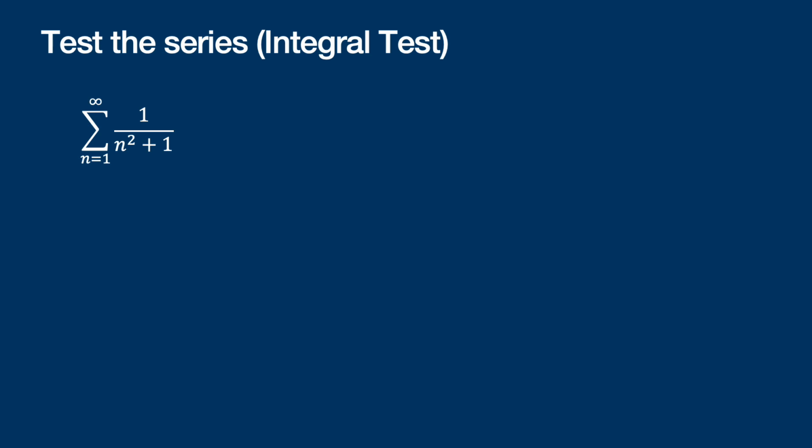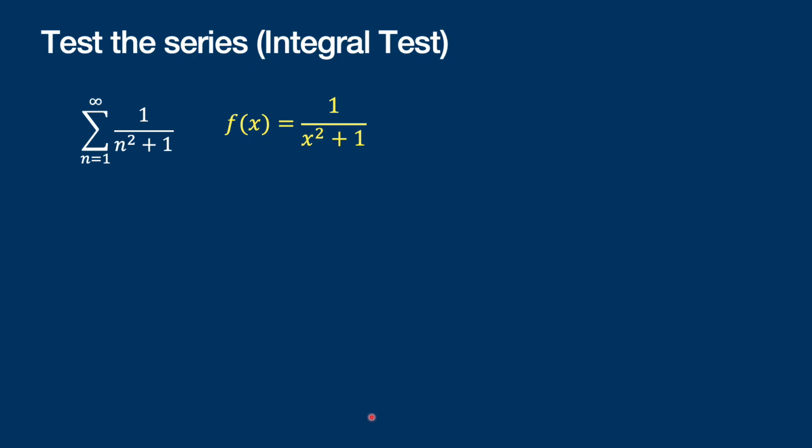Let's have the first example about the integral test, guys. We have this infinite series: does it converge or diverge? The first thing you have to do is find f of x, which is related to this sequence. So you can guess f of x is going to be 1 over x squared plus 1.